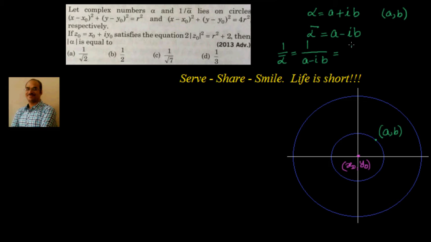Now this is equal to (a plus ib) divided by (a square plus b square), multiplying by a plus ib. So the point on the plane is a by (a square plus b square) comma b by (a square plus b square).